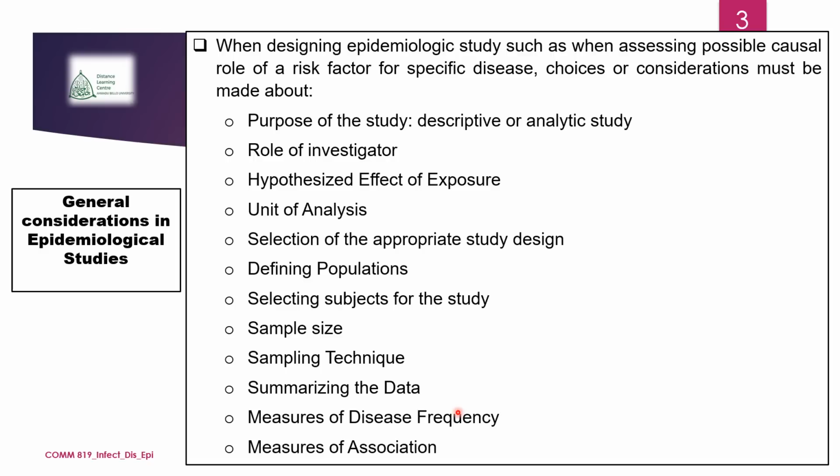What parameters did you collect and how do you go about measuring disease frequency? Then measure of association, and how do you relate the risk factor to the disease outcome. All these need to be put into consideration. So we look at them one at a time.